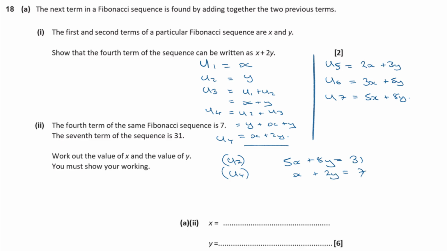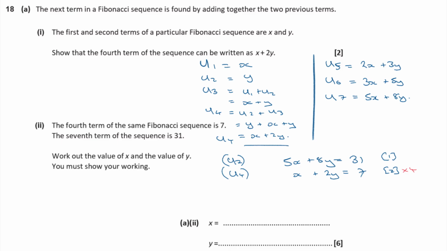So I can go on and solve these two simultaneously, can't I? Okay, so if I call this one equation 1 and this one equation 2, then if I take the second equation and I times it by a factor of 4, I should end up with 8y's in both then, shouldn't I? And then I can kind of eliminate the y's.